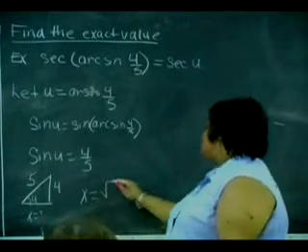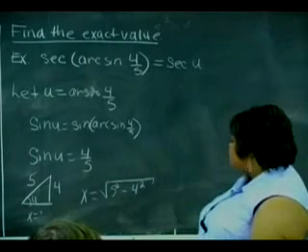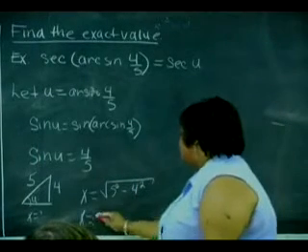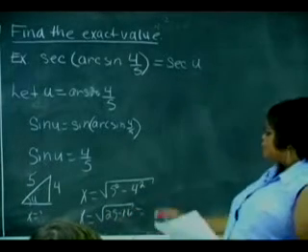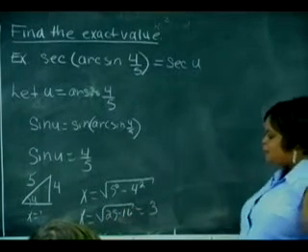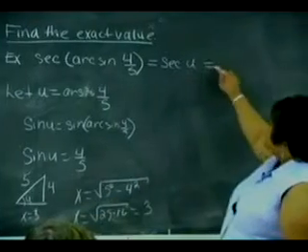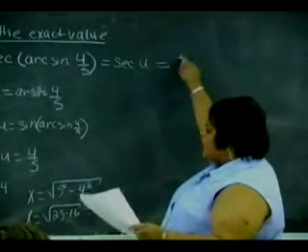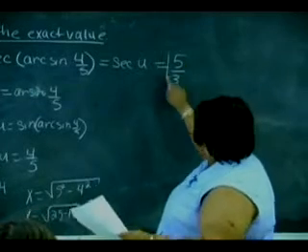Adjacent is the square root of hypotenuse squared minus opposite squared. 25 minus 16, square root of 9, which is 3. So x is going to be what? 3. So my secant u, what is secant? Hypotenuse over adjacent.